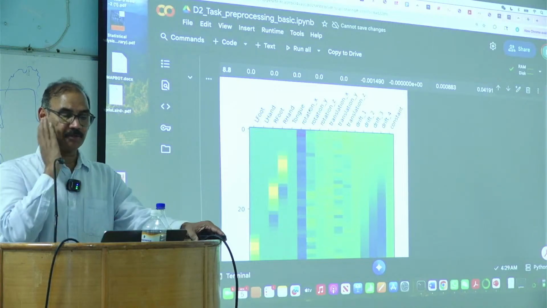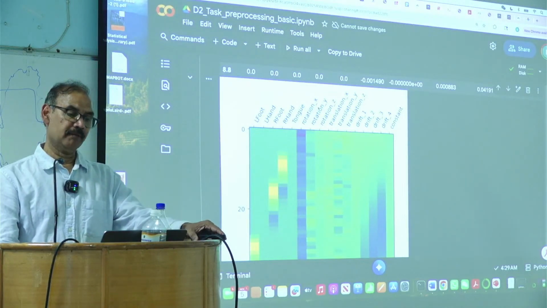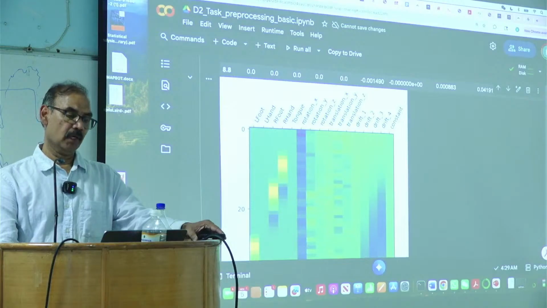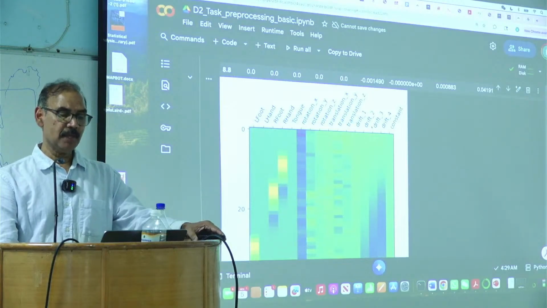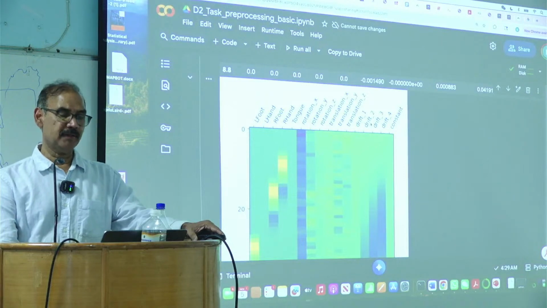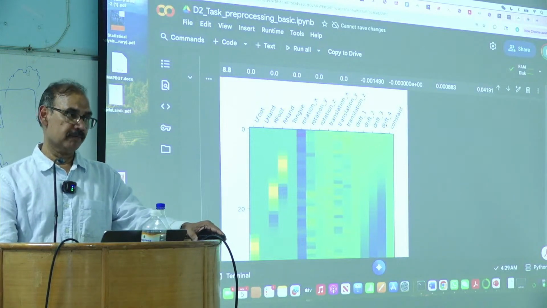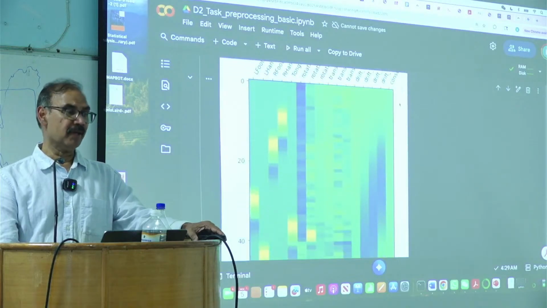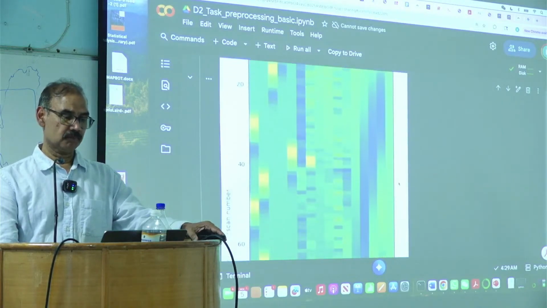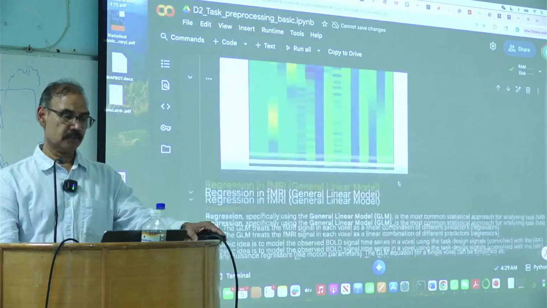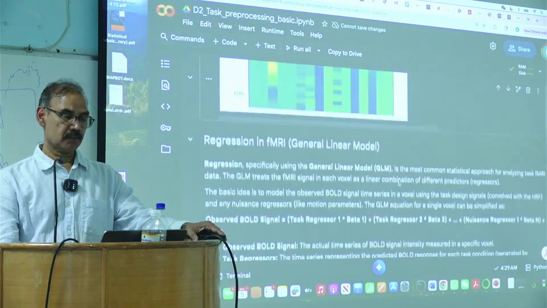I think it's just written that way. So 5 conditions, then these are the 6 parameters. And then we assume that there are drifts, and then there is a constant. So this is how it looks.